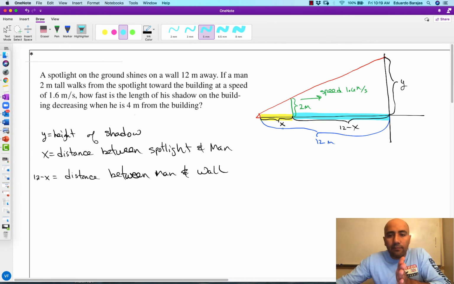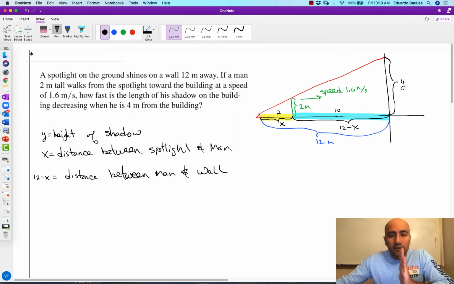Like let's say, for example, at one point x equals 2, so maybe this yellow distance is 2, which means that the blue distance is 10. They have to add up to 12, right?